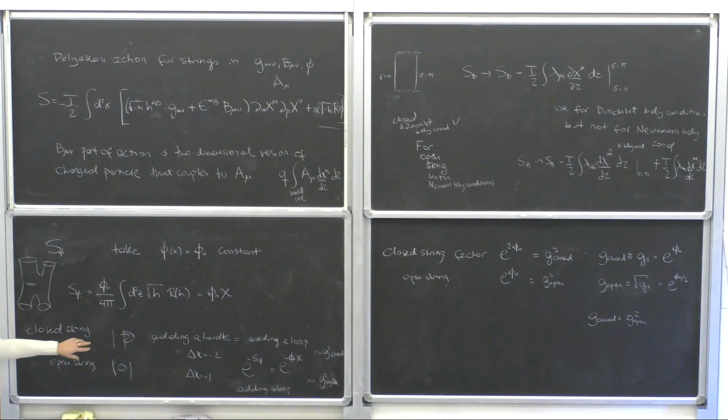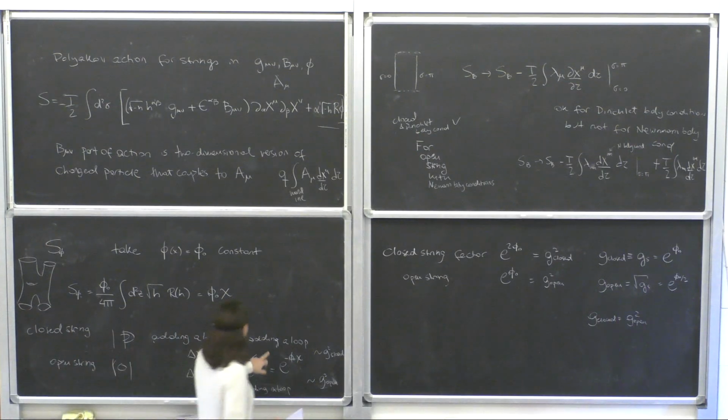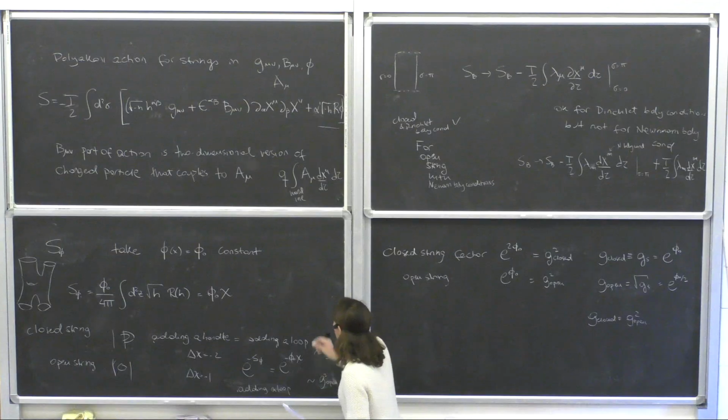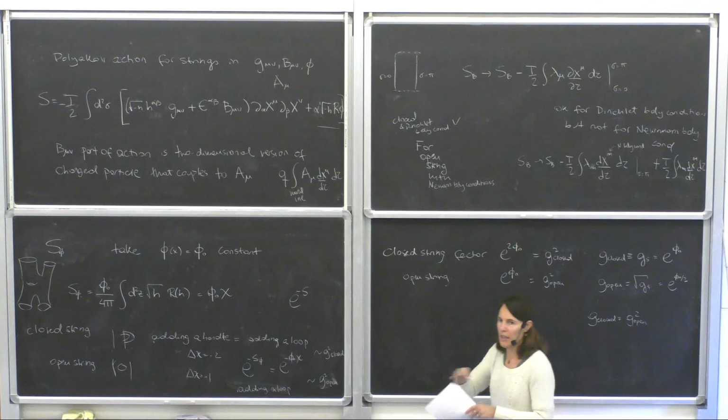So, where is the dilaton? Whenever I want to do scattering amplitudes, path integral, I have to put e to the minus the Polyakov action, the whole thing.